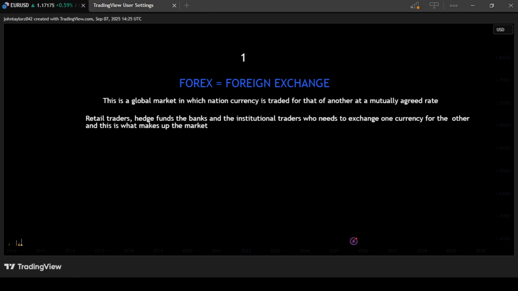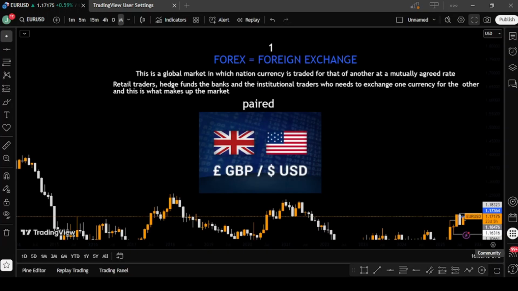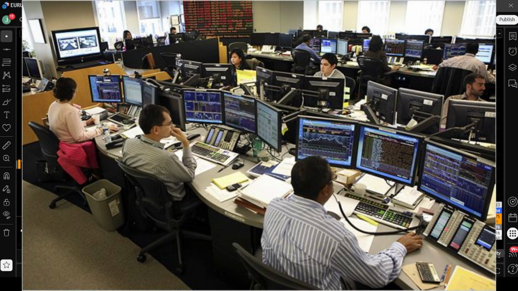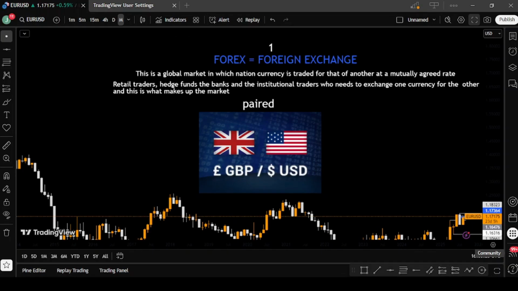We have traders like me and you, the retail traders. We have the hedge funds, the banks, the institutional traders. All these traders who need to exchange one currency for the other make up the market.